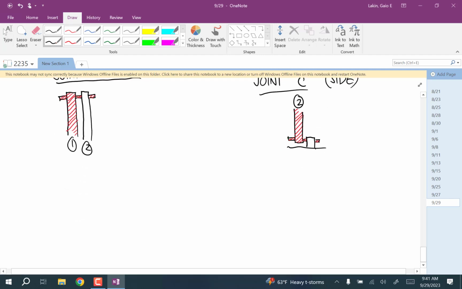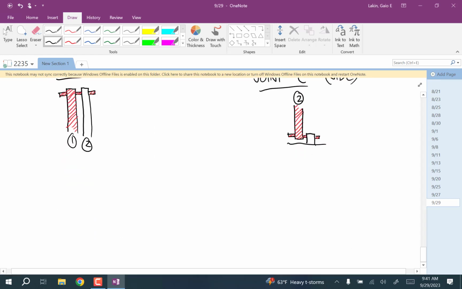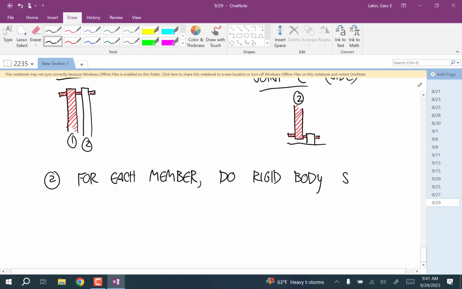Okay, next. So that was step 1. Step 2, for each member, do a rigid body static analysis. And this is a key step for being able to solve this.